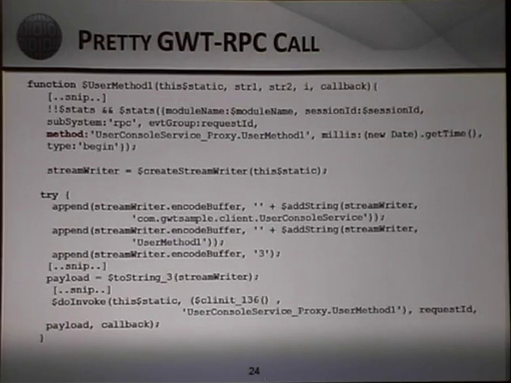So you'll see the full name of the service, the method name, and then you'll see 3, which I'll talk about later. I'll go into depth on the structure of the RPC string. But 3 actually stands for the number of parameters that are being sent into that method. And it just keeps on appending and building the string until it performs that request.